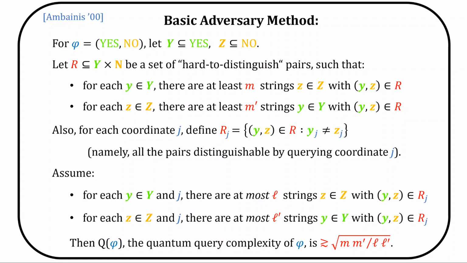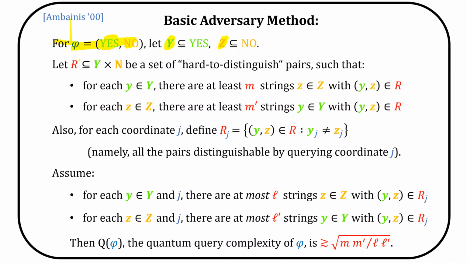So this is the basic adversary method, which you can use to prove more interesting lower bounds. Again, we have some decision problem phi with some yes strings and some no strings. And again, we're going to pick out carefully some subset capital Y of the yes strings and some subset capital Z of the no strings.